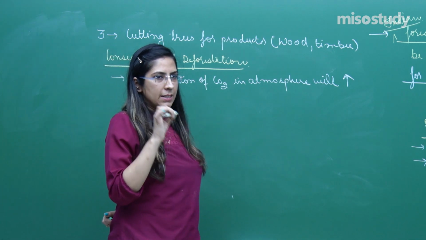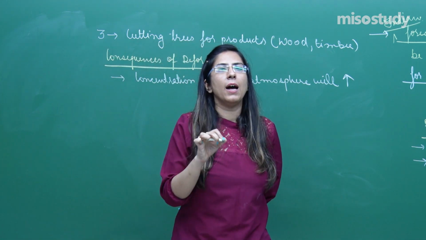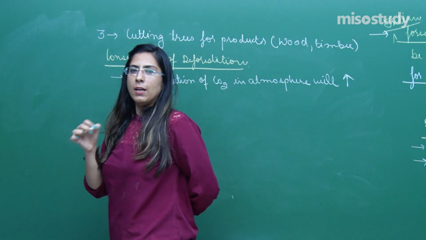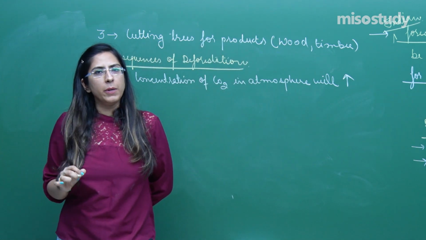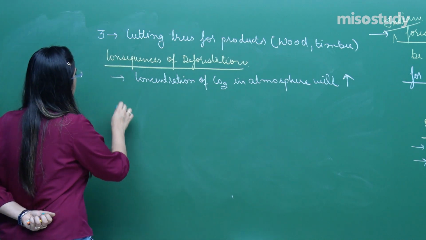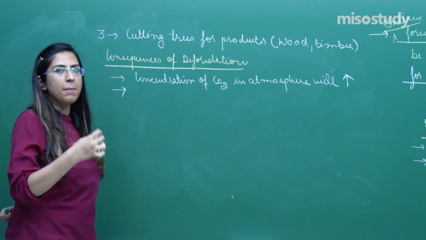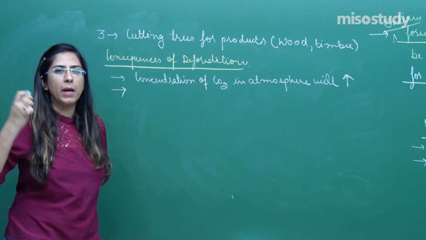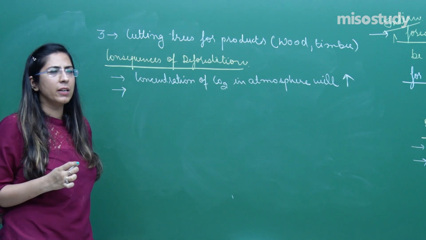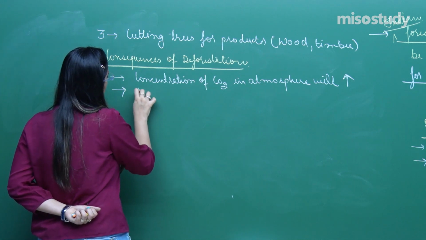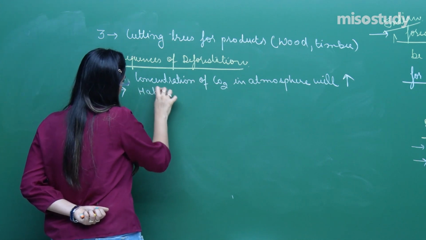Now tell me one thing, if plants or certain trees are not there, what will happen? The whole biodiversity will be disturbed, right? Those animals and insects for which trees act as a habitat will be destroyed. So another consequence of deforestation is habitat destruction.